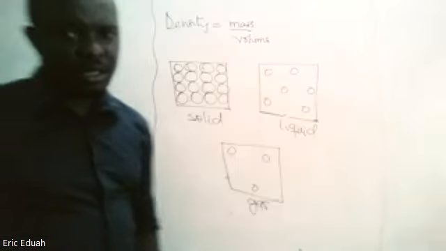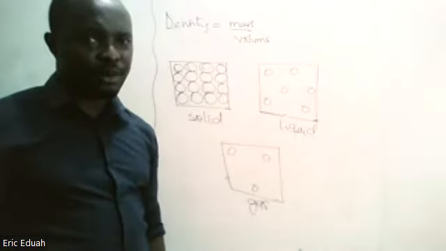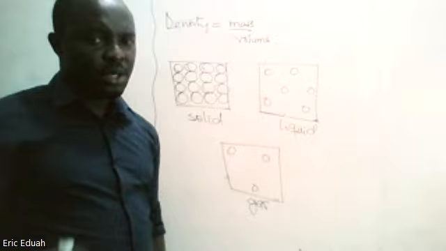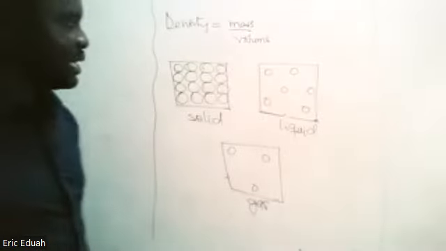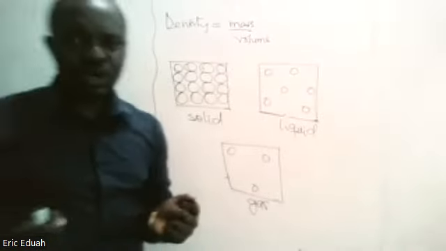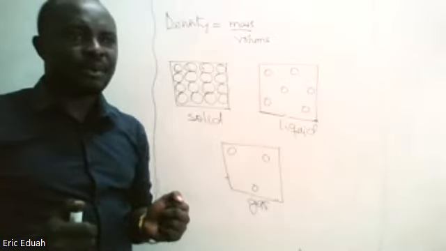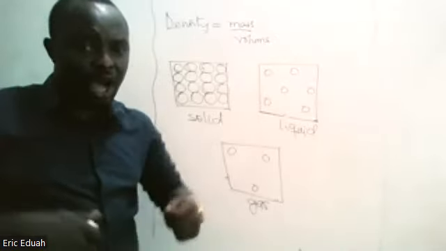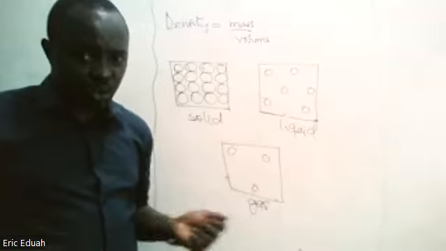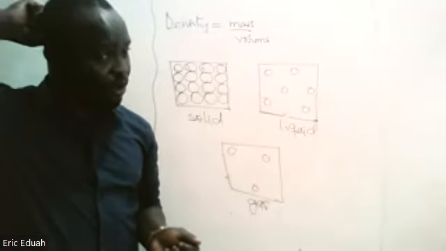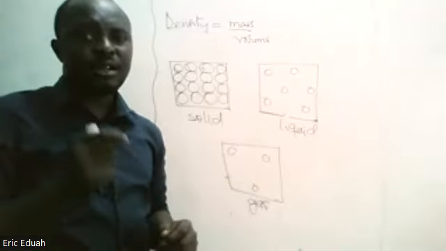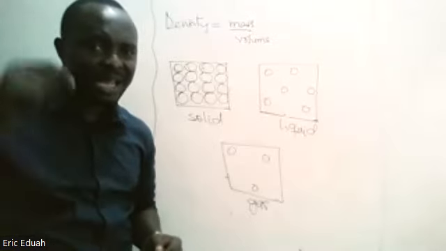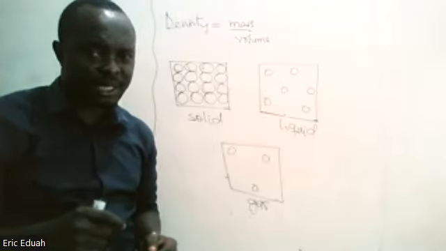Okay, Lizzie, mute yourself for me. We have to use the electronic balance to get the mass. Then we use a meter rule or measuring tape or whatever to determine the length, breadth, and height of the regular object.